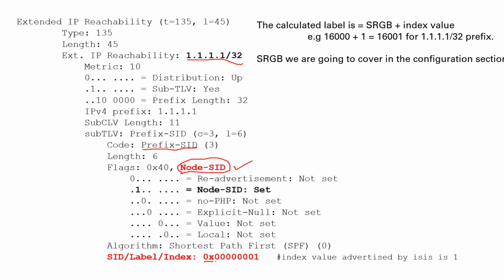Here we can see the index value advertised by router 1 is 1. So 16,000 plus 1 is 16,001, which becomes the label value for the 1.1.1.1/32 prefix, which we call a prefix-sid.